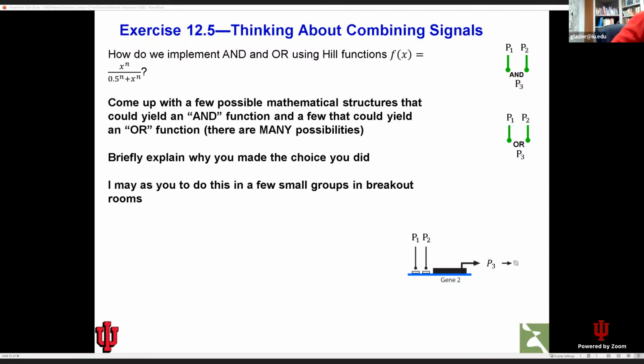But what you tend to get, not entirely, but often, are AND and OR. In other words, some of them are required, and if you don't have all of them, nothing happens. A few of them are OR, and usually inhibitors tend to be pretty strong. So inhibitors tend to work like AND. If any inhibitor is on, it's off.